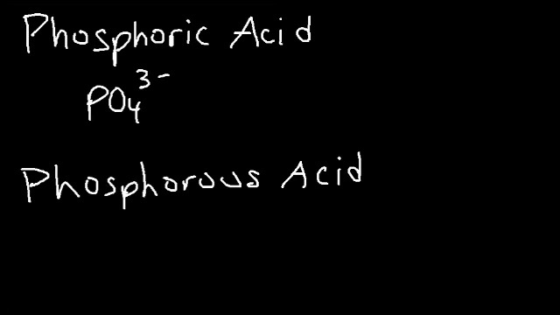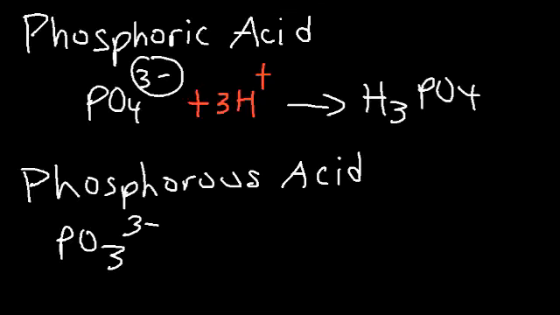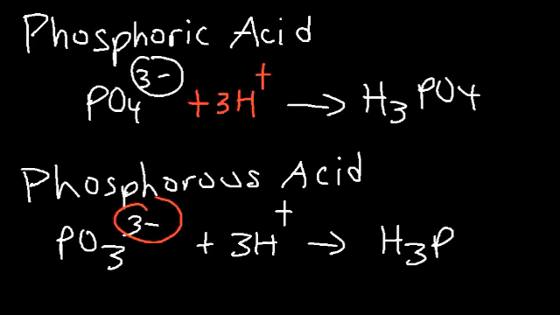Because we have a -3 charge, we need to add 3 hydrogens to it. And so the formula for phosphoric acid is going to be H3PO4. Now phosphorus acid comes from the polyatomic ion phosphite. The charge is still -3, so we still have to add 3 hydrogen ions to it. And so the formula for phosphorus acid is H3PO3.